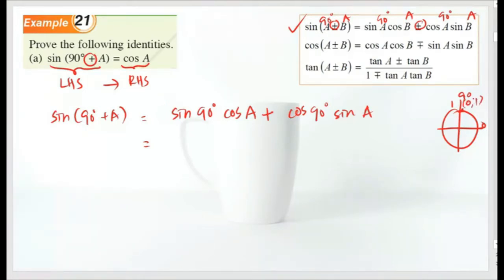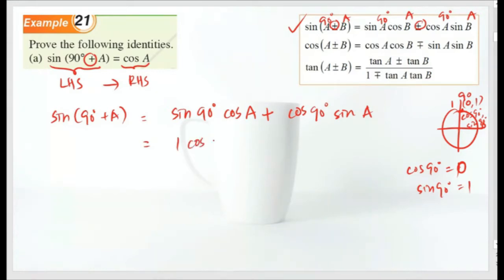This is cos 90 degree, then sine 90 degree. So your cos 90 degree equals 0, and sine 90 degree equals 1, as coordinate x and coordinate y. So your sine 90 degree is 1.